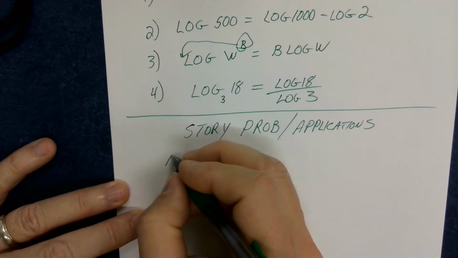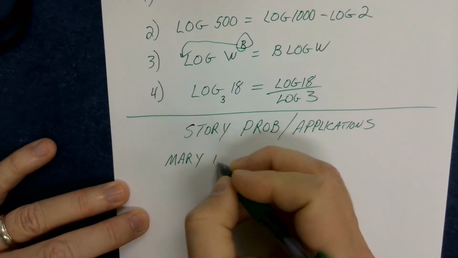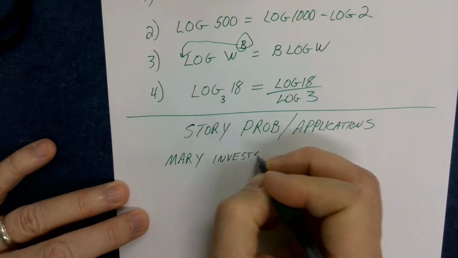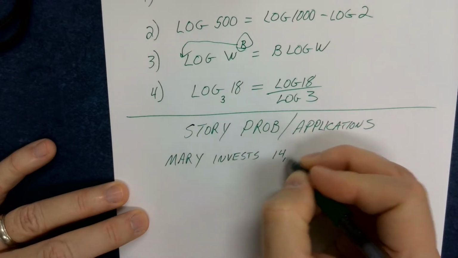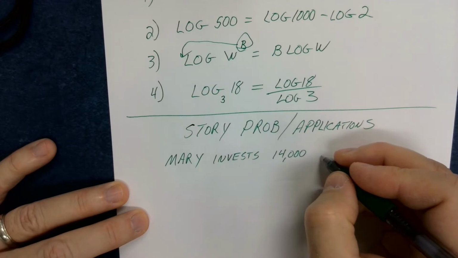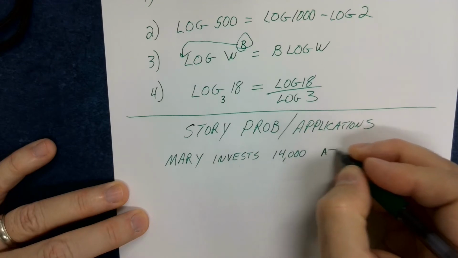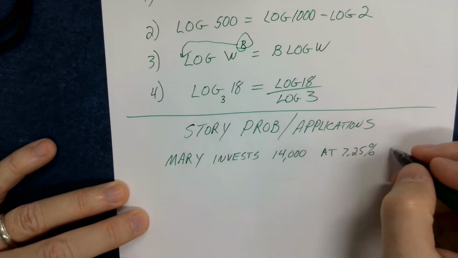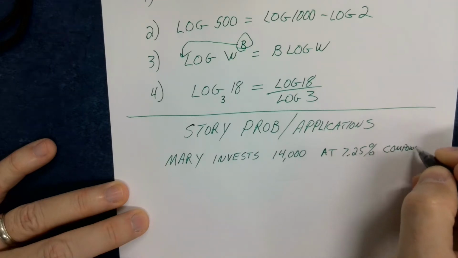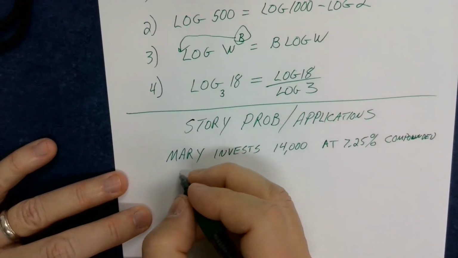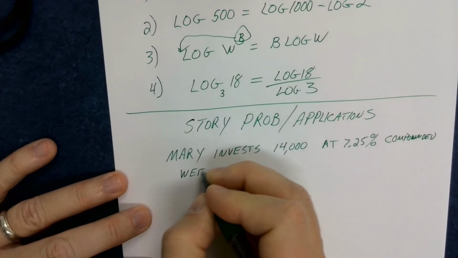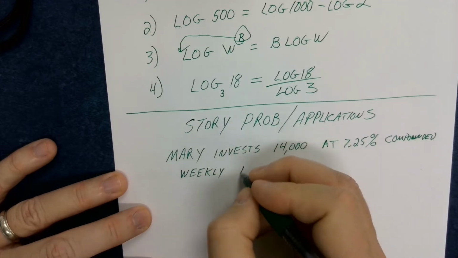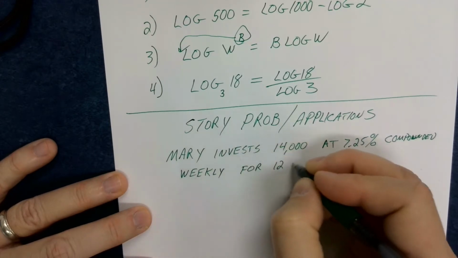Mary invests $14,000 at 7.25% interest, compounded weekly for 12 years.